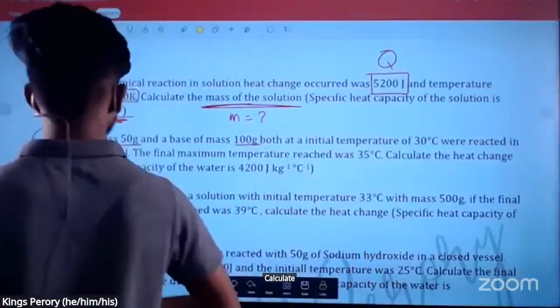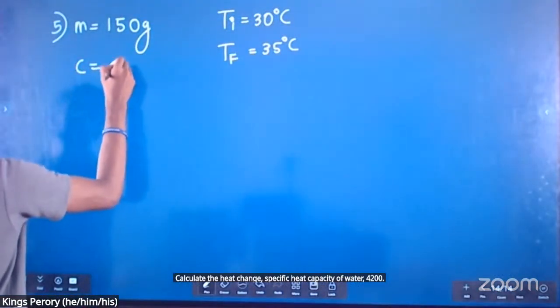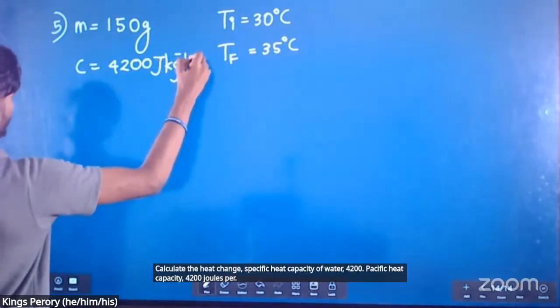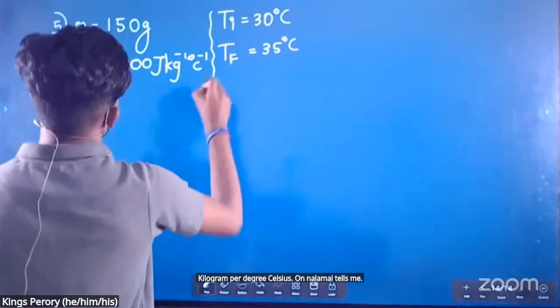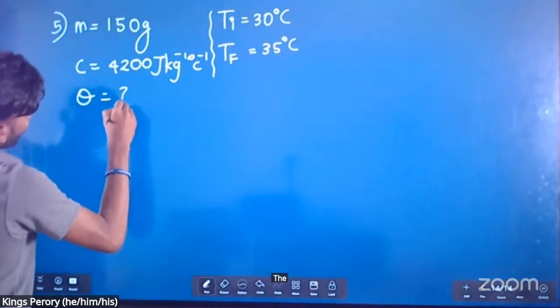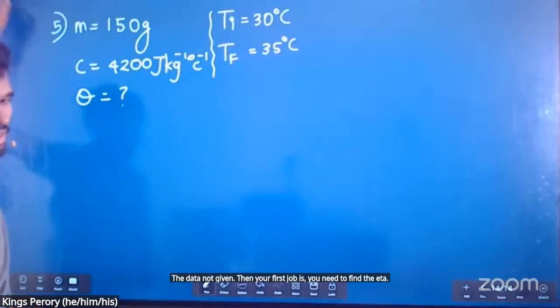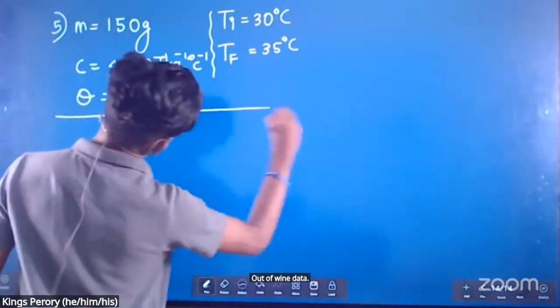Calculate the heat change. Specific heat capacity of water is 4200 joules per kilogram per degree Celsius. M is given, C is given. Theta not given. Then your first job is you need to find theta. How to find theta?